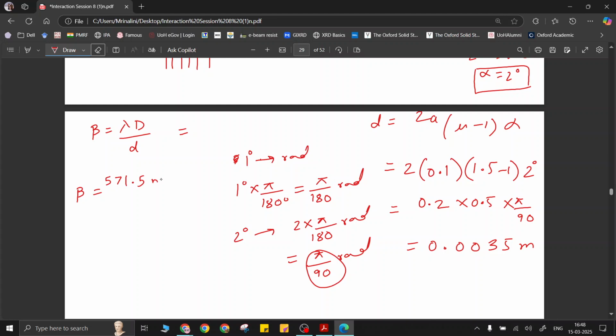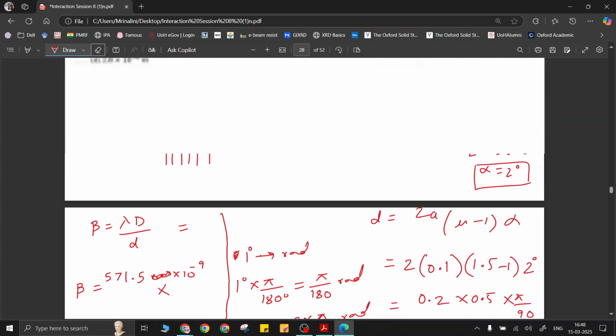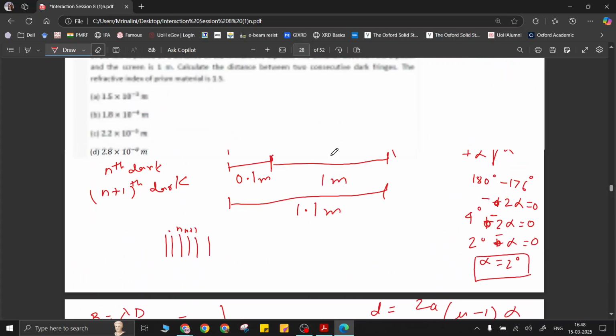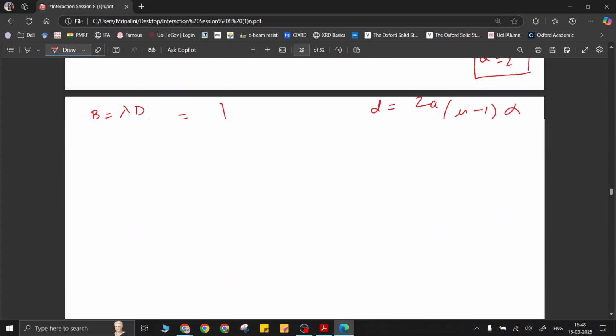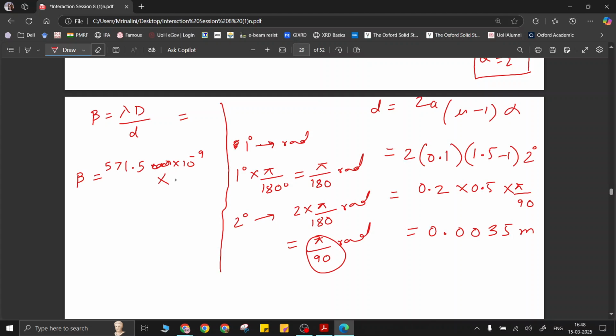571.5 nanometer. Nanometer means 10 to the power minus 9, multiplied by D, which is 1.1 meters. It's a little slow. 1.1 meters divided by this d, which is 0.0035.